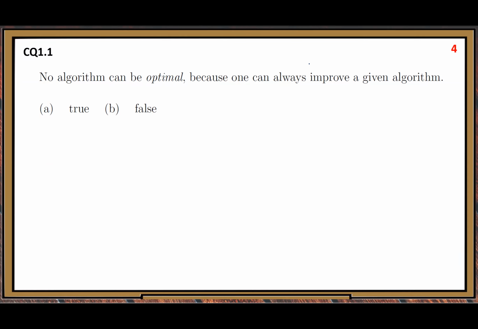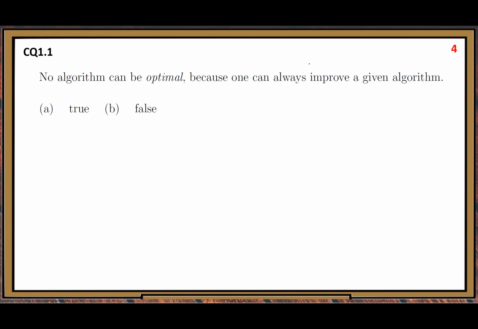True or false? Based on our discussion, we spent a lot of time. Now, let us answer this question. Think about it. True or false? And why is it true, why is it false?